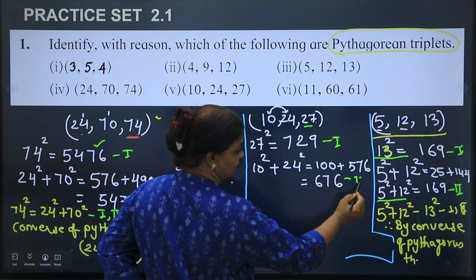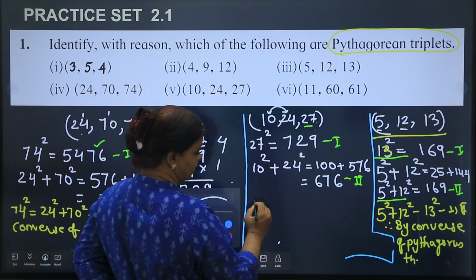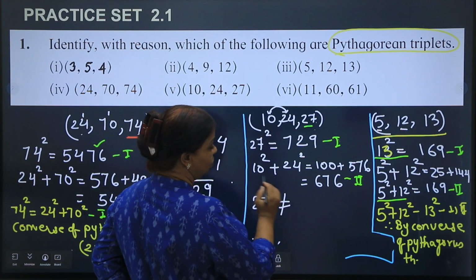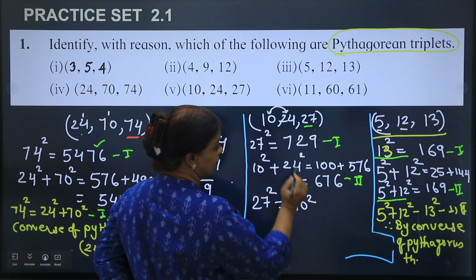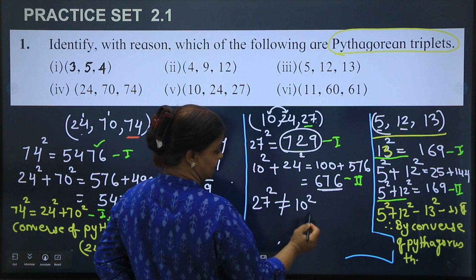So if you compare this statement and this statement, we can say that 27 square is not equal to 10 square plus 24 square, because this is 729, children, and this is 676.